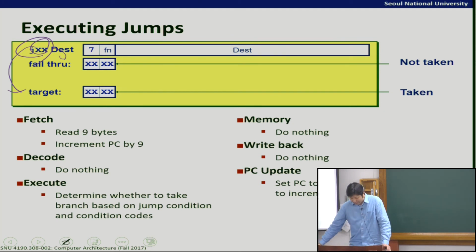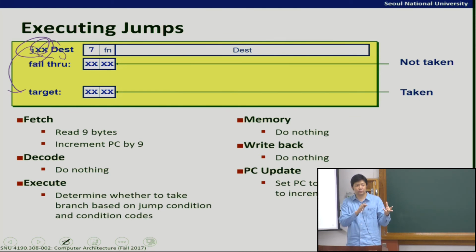So let's see what happens in each stage. In the fetch stage, we first read 9 bytes because it's a 9-byte instruction, and increment PC by 9. In decode stage, we do nothing because there's no need to read registers. In execute stage, you have to determine whether to take the branch or not based on this XX, this jump condition, and flag registers, which is similar to the conditional move, right?